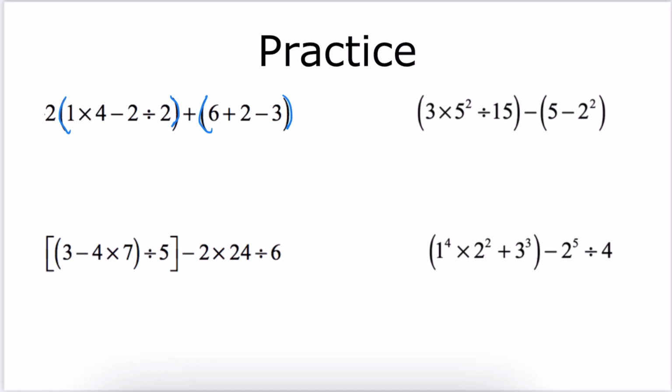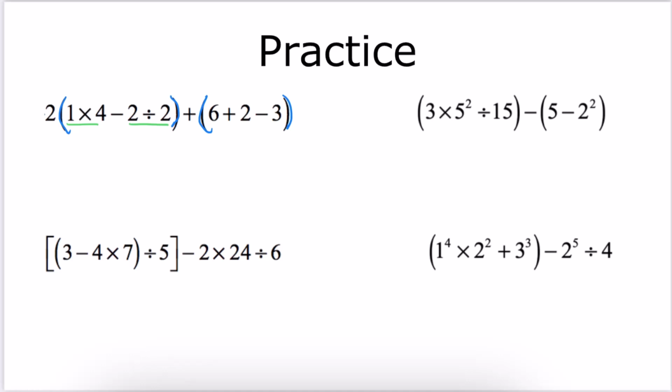So I look inside of the parentheses and I'm going to simplify the inside of the parentheses until I'm all done with the inside. So looking at this, I have multiplication and division inside of my first set of parentheses. And those two operations are the highest operations on my pyramid that are in this problem because I don't have any exponents. So I can just go ahead and start simplifying that.